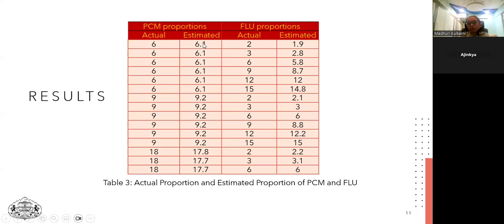We are overestimating it, right? It is more than 6. This is done for all the values, and so we got 100.8% accuracy, or recovery, for the calibration data. Because we got such good precision, we got good estimates for the test data as well, and the proportions were estimated accordingly. So this is how it was done.